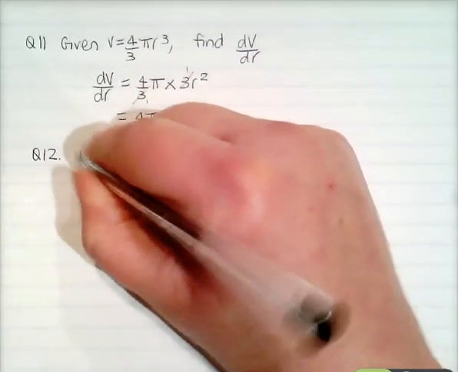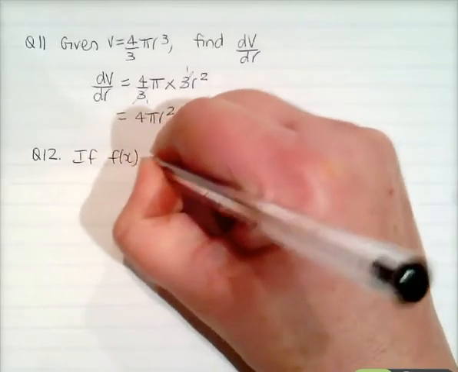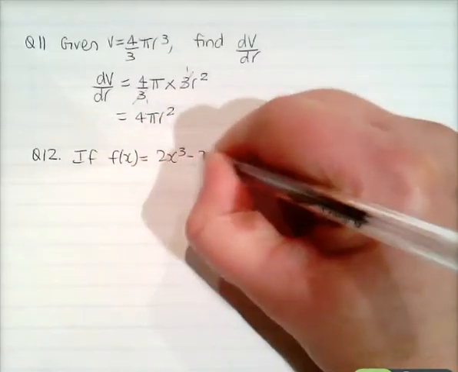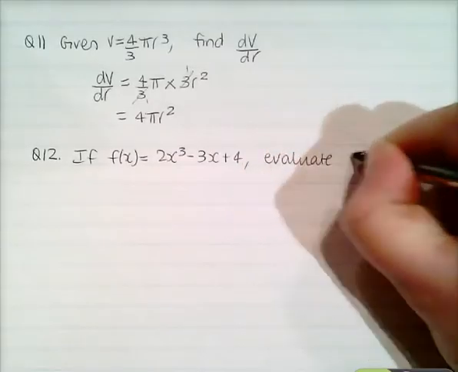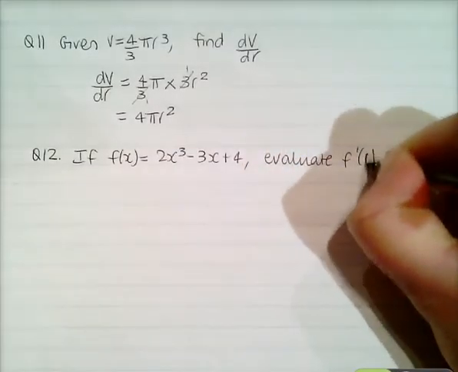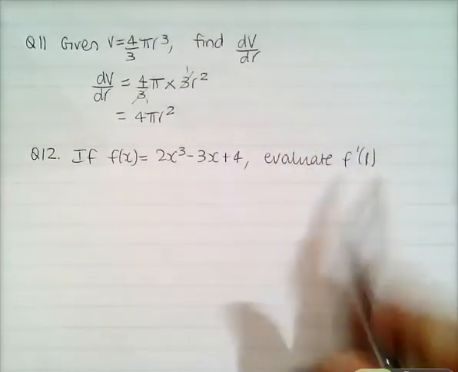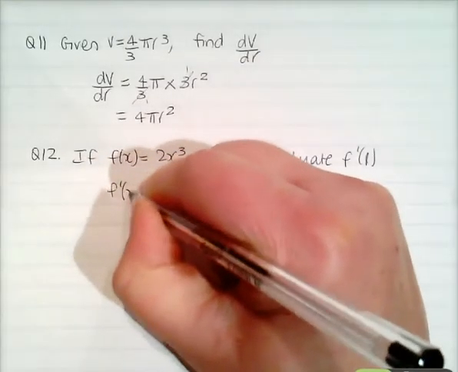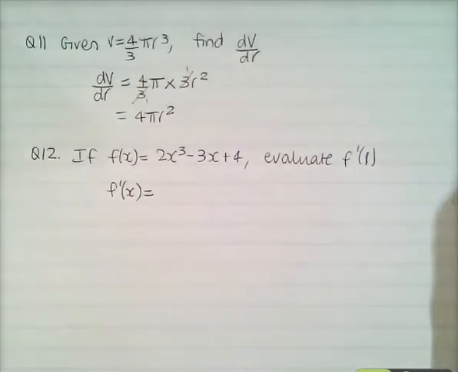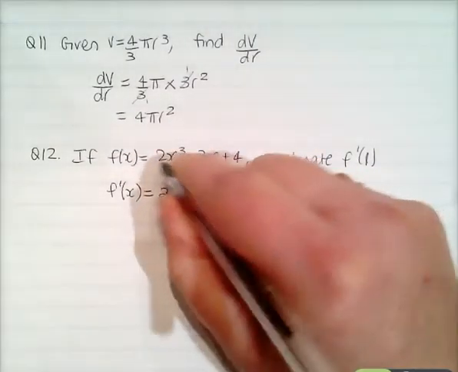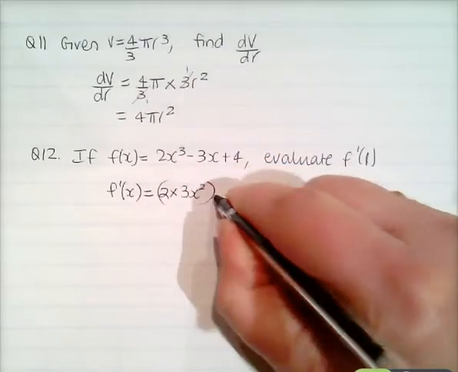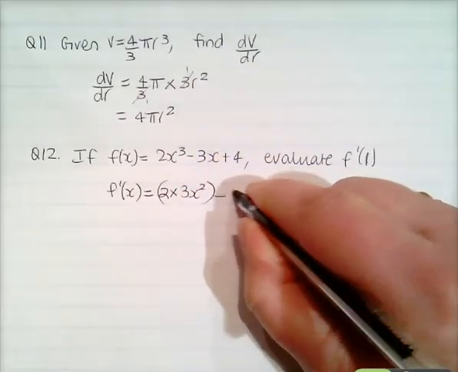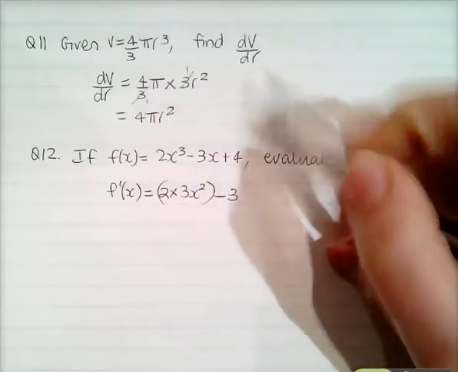Question 12. If the function f(x) is equal to 2x cubed minus 3x plus 4, the question is to evaluate f'(1). Now, before you can evaluate f'(1), you're going to have to work out what f'(x) is, which is the derivative function. So the derivative function will be 2 times 3x squared, minus 3 from differentiating minus 3x, and 0 from differentiating plus 4.